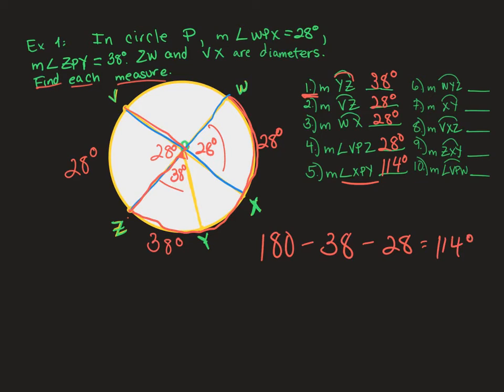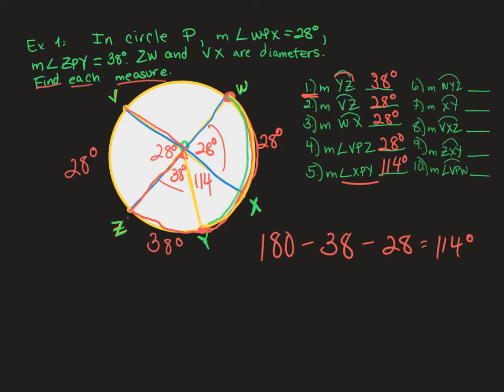Next is the measure of arc WYZ. So W to Y here. I'm going to use a different color. I'll use green.